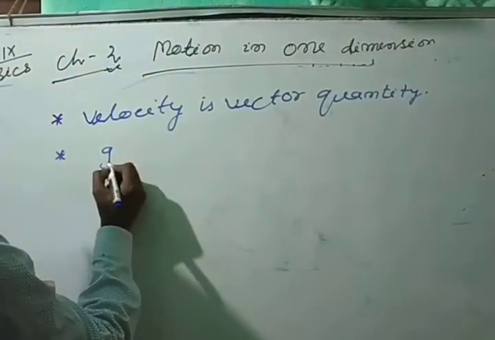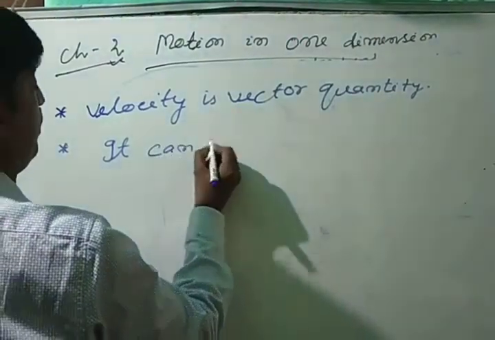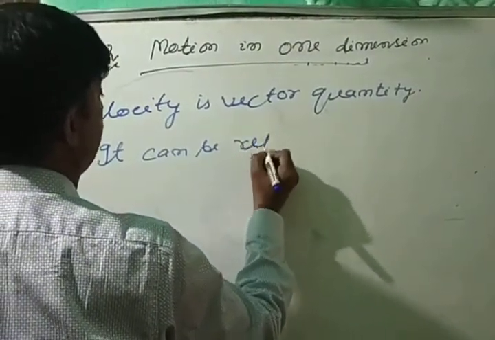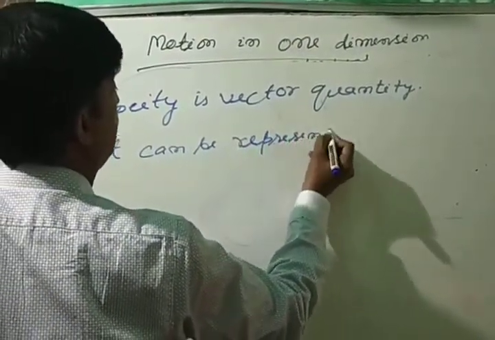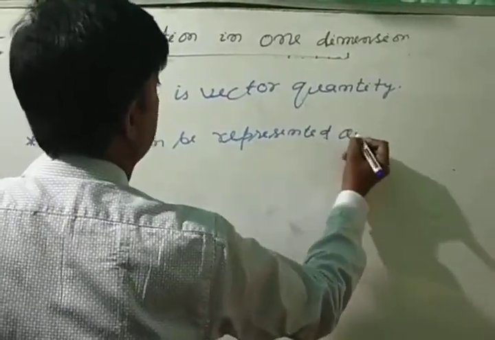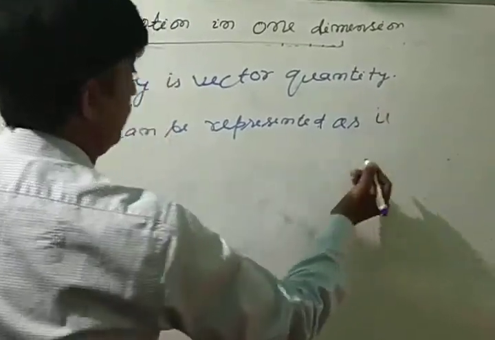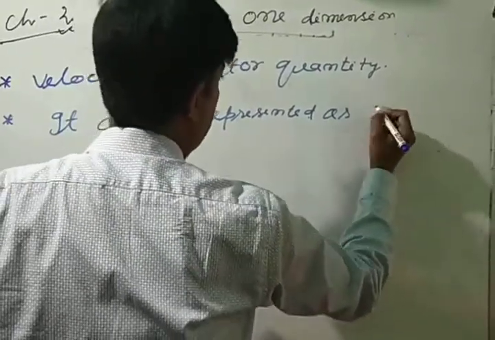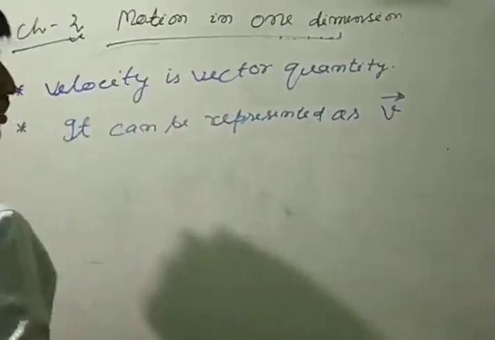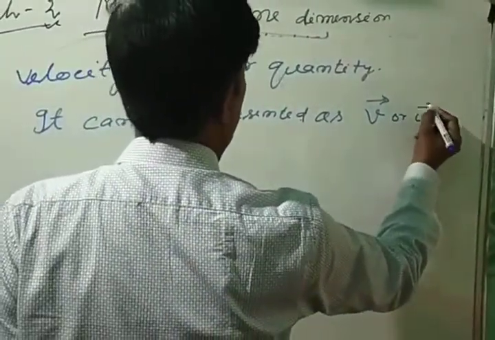It can be represented as u arrow, v arrow, or arrow.